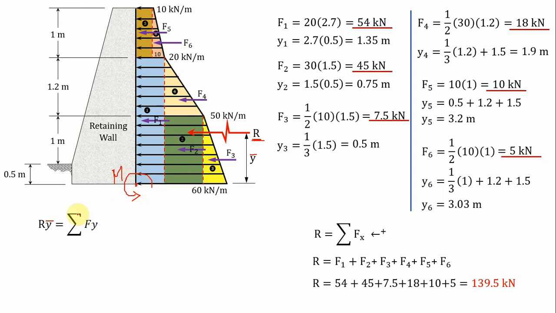So when we take the summation, we assume that going clockwise is positive.